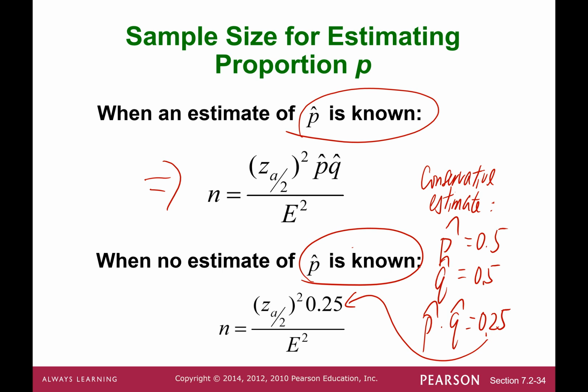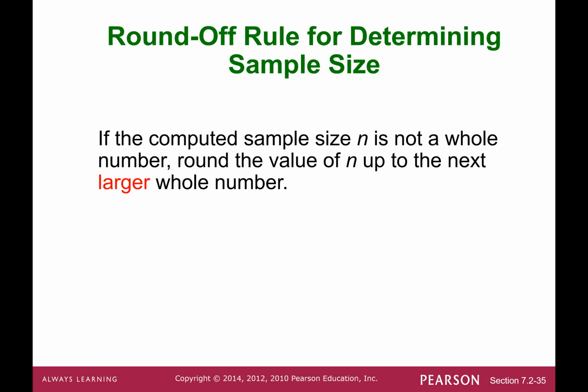The bigger the sample size, the better it is. That's why this is a conservative estimate. When you compute the sample size n, it's not a whole number. You always round up to the next larger whole number.